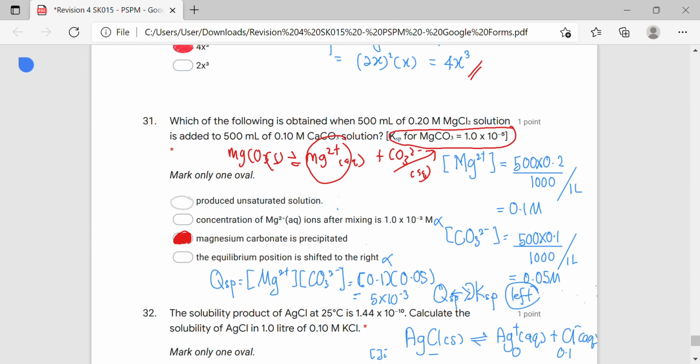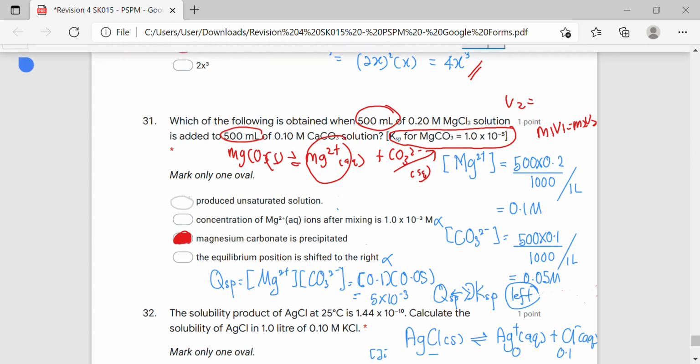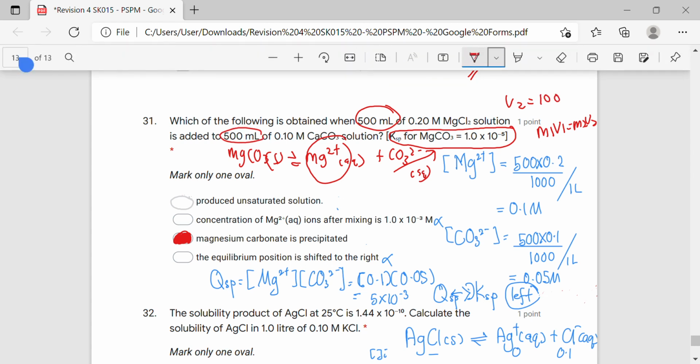Okay, so guna formula yang sebelum ni, M1V1, M2V2. So V2 ialah V total setelah kita tambah kedua-dua ni. So 500, 500. So V2 sama dengan 1 liter ataupun 1000 ml. Okay, so dapat molarity untuk Mg2+, sama juga untuk CO3 2 minus, guna M1V1, M2V2 juga.